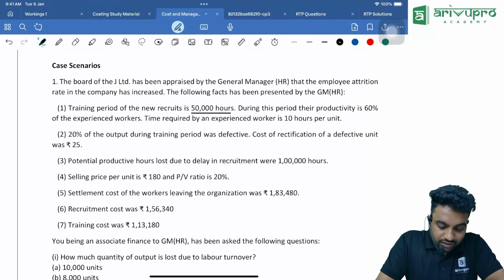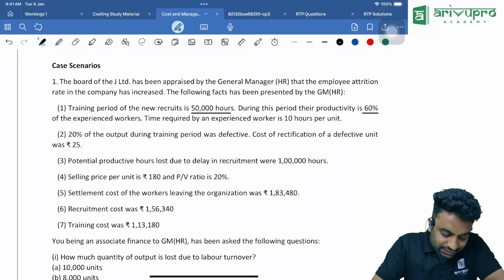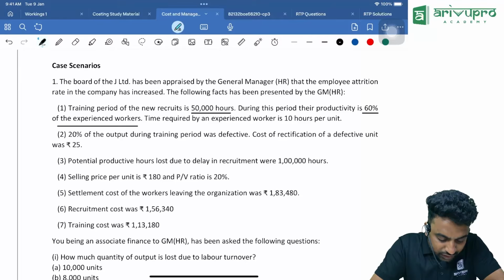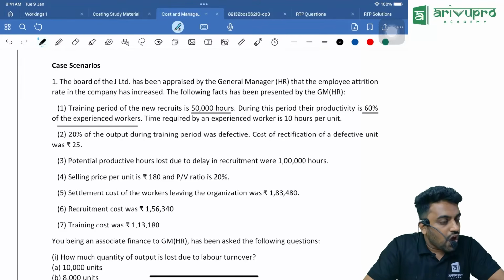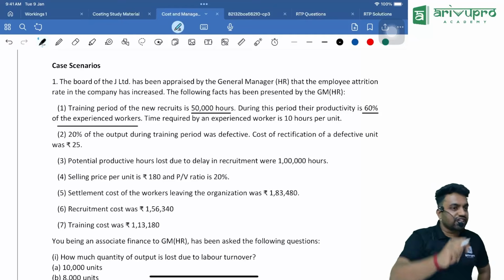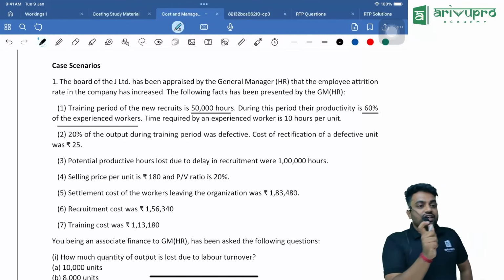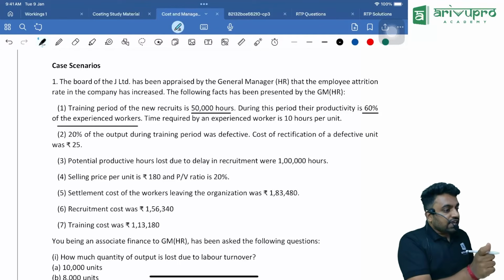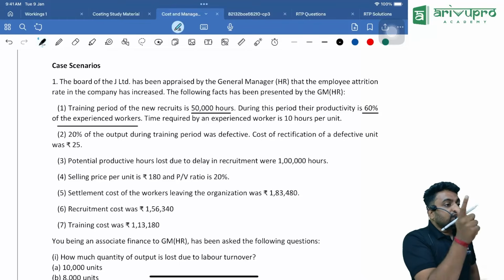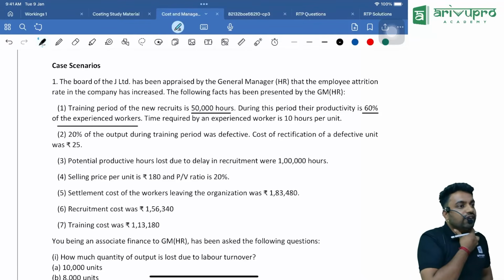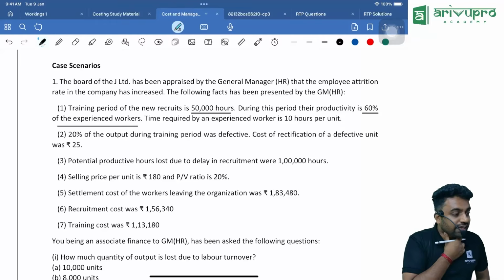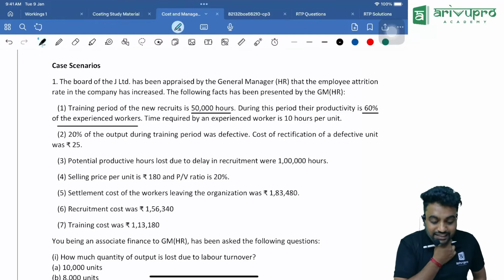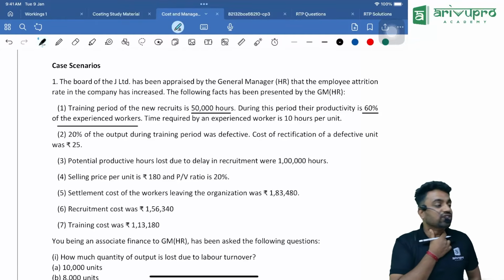During this period, their productivity is 60% of the experienced worker. What do you mean by this? Although they work for 50,000 hours, they are working on par with 30,000 hours of the experienced worker. That is, an experienced worker would take just 30,000 hours to complete the same work that these guys have done in 50,000 hours.